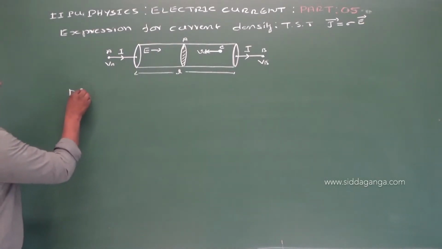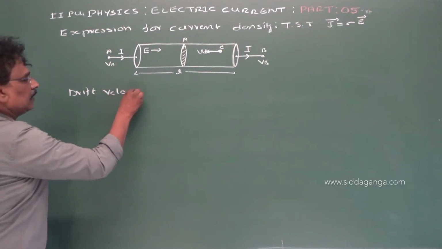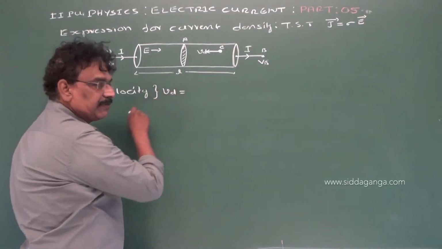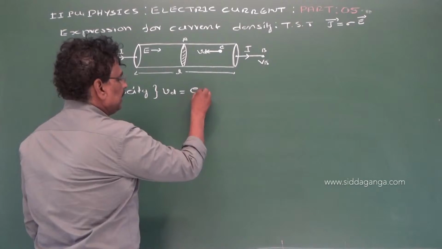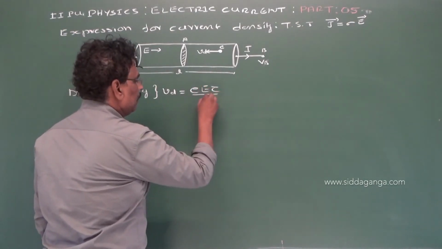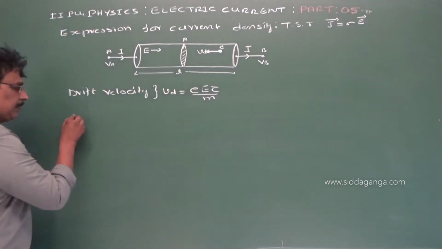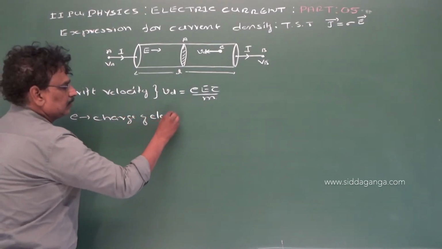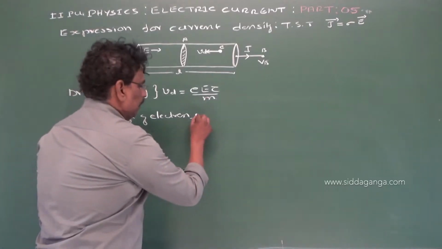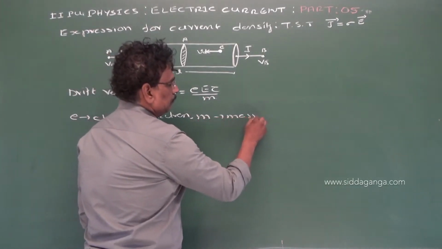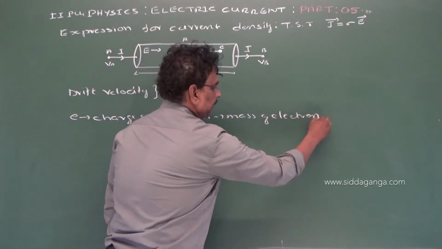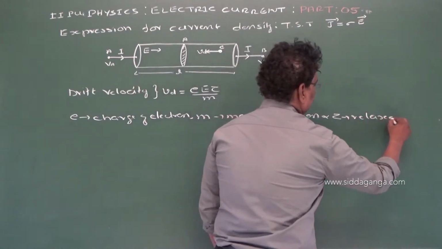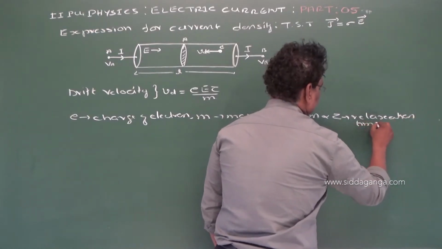now the drift velocity of a free electron, Vd, here we are considering only the magnitude, is e tau by m, where e is the charge of the electron, m is the mass of the electron and tau is the relaxation time.